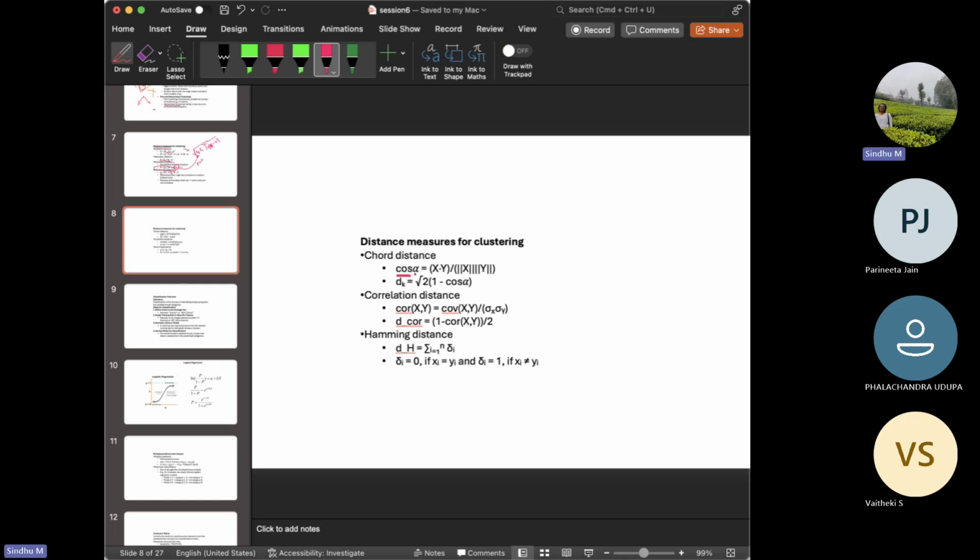You can find this alpha by finding cos alpha first, by just substituting the values of x and y, and then substitute the cos alpha that you find into root 2 into 1 minus cos alpha. So maybe there are these 3 points, and this would be alpha.